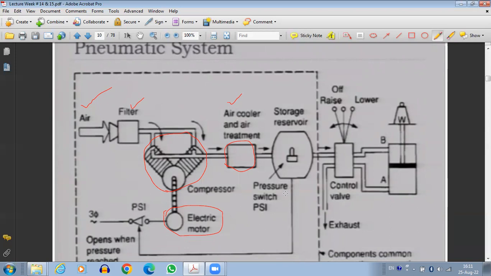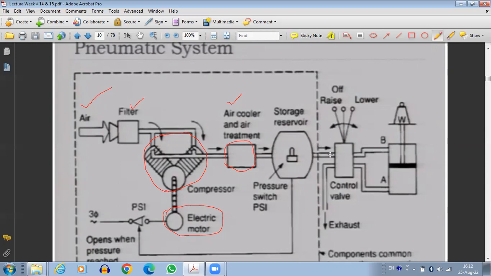So in order to produce a specific buffer so that high pressure is produced, we need to have a storage reservoir before we supply the pressurized air to the control valve so that a continuous flow of high pressure is supplied. So from the storage reservoir, the pressurized air is supplied to the control valve.